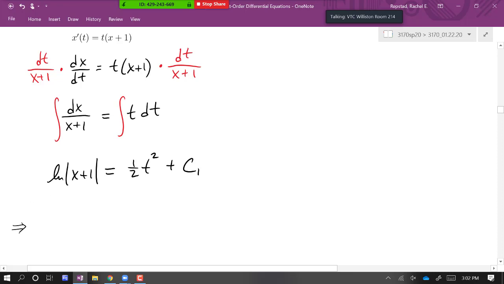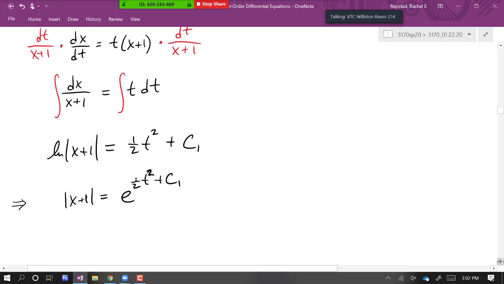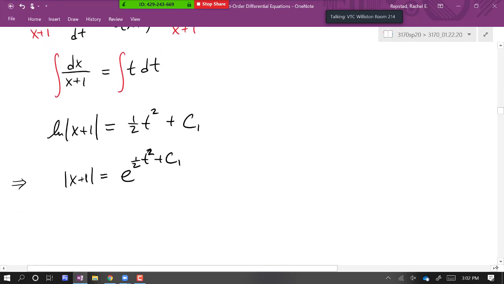And we say absolute value of x plus 1 is equal to e to the 1/2 t squared plus c1. We're getting closer because now x is no longer trapped inside the ln. It is not by itself, and it's stuck inside an absolute value sign, which is not entirely where we want to be. But first, I'm going to do a little bit of algebra on the right side.